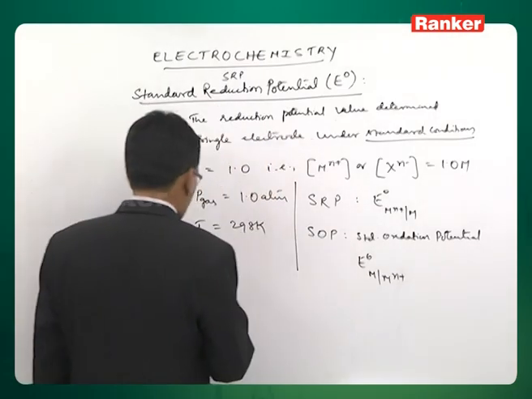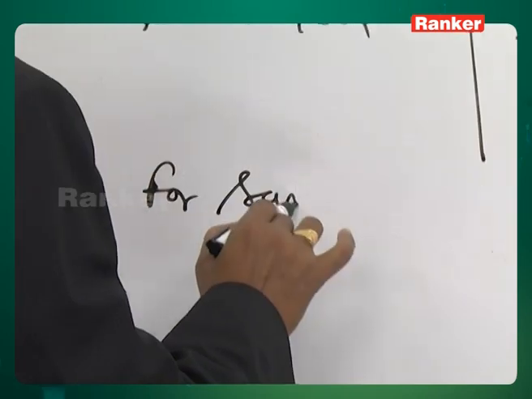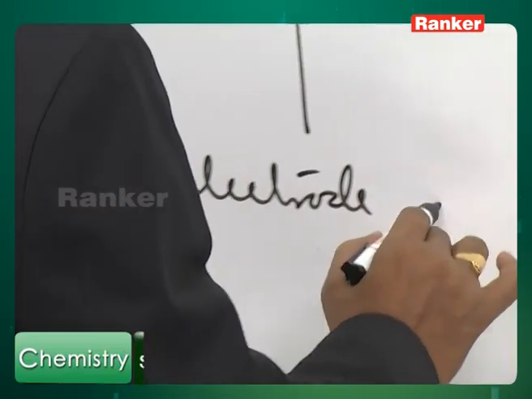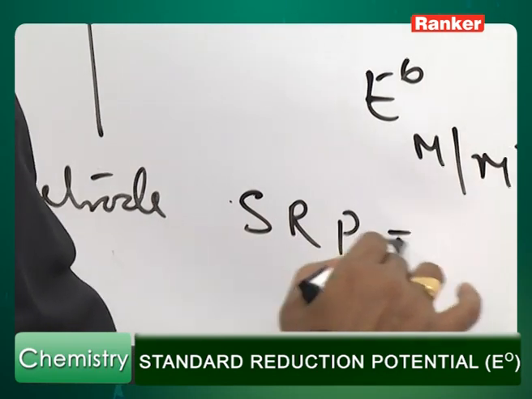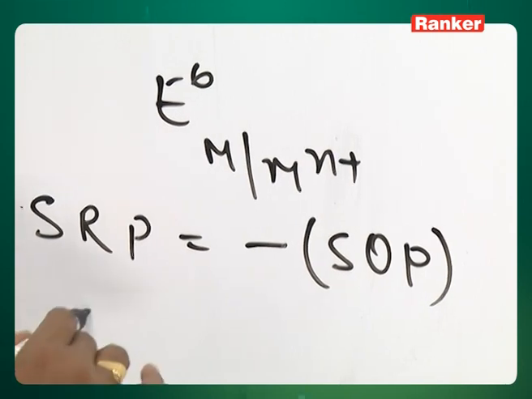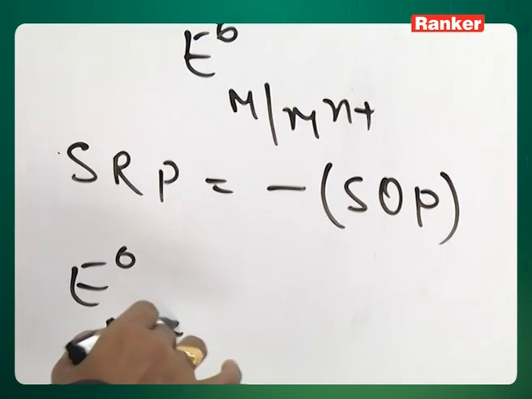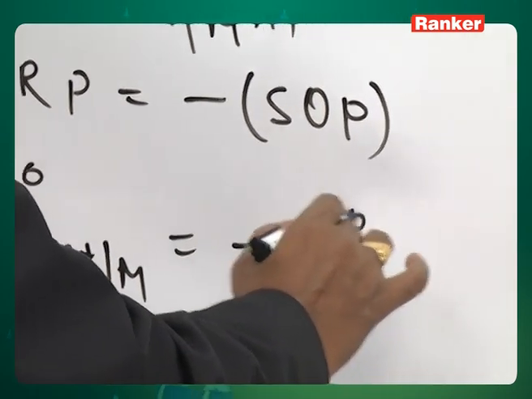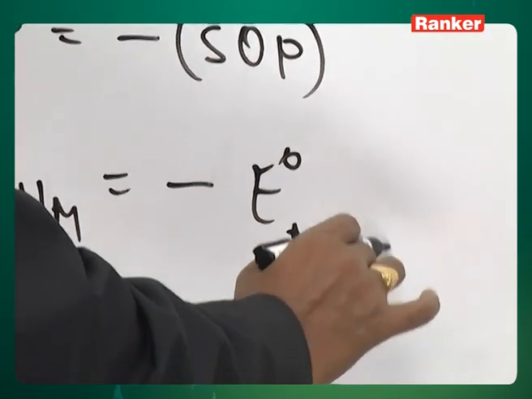For the same electrode, SRP is equal to negative of SOP, or in notation, E naught Mn plus by M is equal to minus of E naught M by Mn plus.